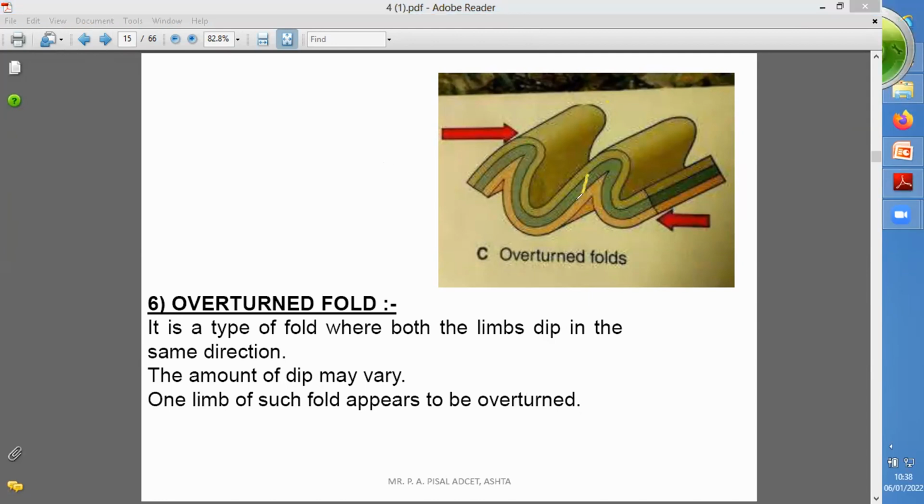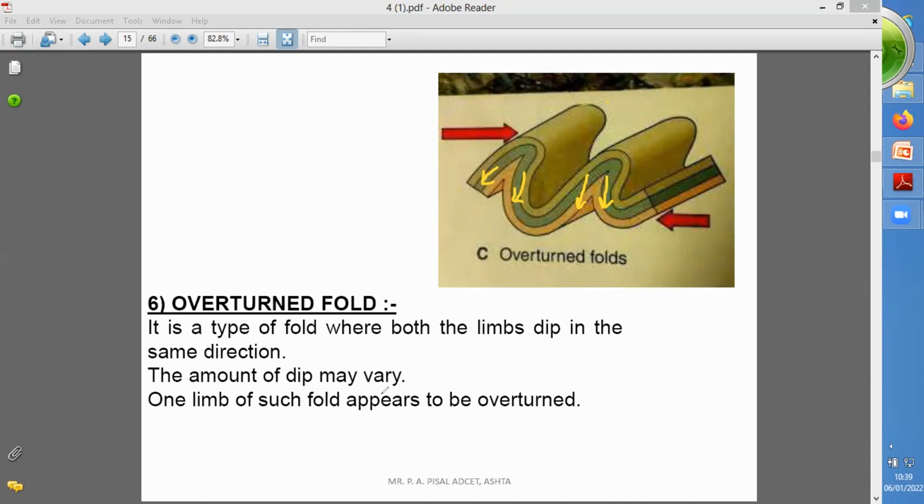Now here the dip is towards this direction, the dip is towards this direction. Okay, here also it is in the same direction. The dip is towards same direction. The amount of dip may vary, but the angles are different. या ठिकाणी angles different असू शकतात.